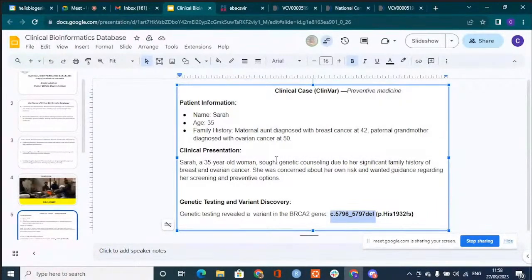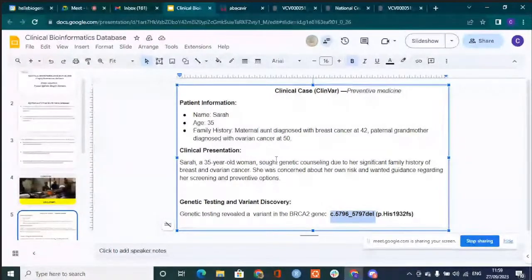So she can now consult clinicians about the kind of drug that will work for her case, and some preventive measures that she can put in place, like avoiding environmental factors that may speed up the development of breast or ovarian cancer. She can request preventive measures that she needs to take into consideration so that she does not develop breast or ovarian cancer at the end of the day.